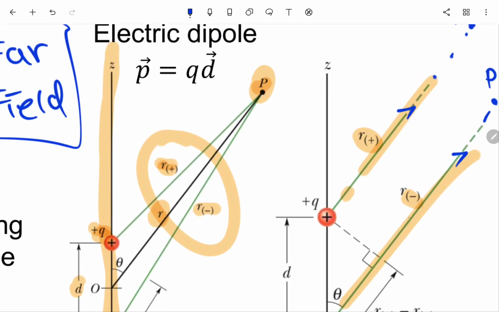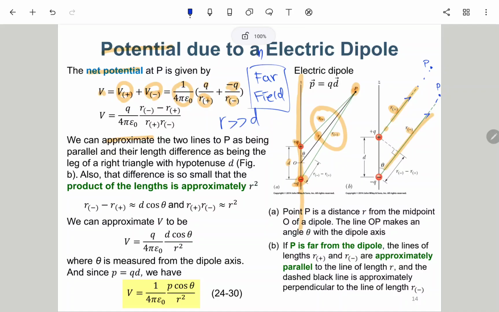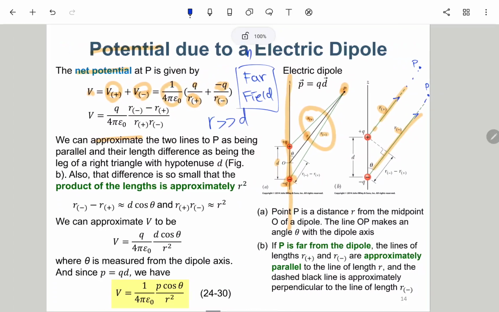As long as P is infinitely far away, we can assume these two lines are parallel to each other. Just like when the sun shines on the earth, you consider all the rays from the sun as parallel lines.